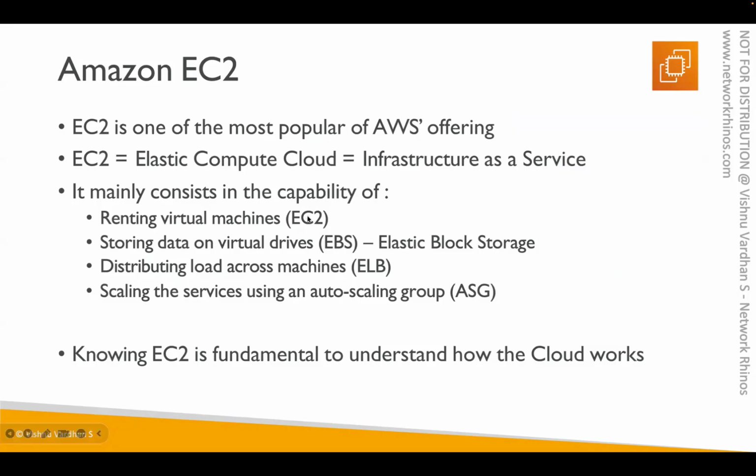You can store all your data in a hard disk called EBS, Elastic Block Storage. And you can even think about ELB, Elastic Load Balancer, or auto scaling group. We'll talk about that later. As of now, EC2 means renting a virtual machine, like renting a computer which is running in the AWS cloud.